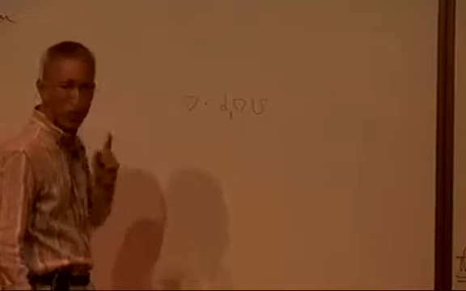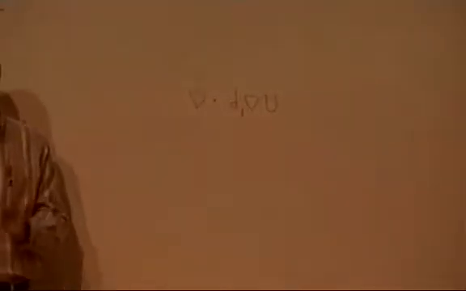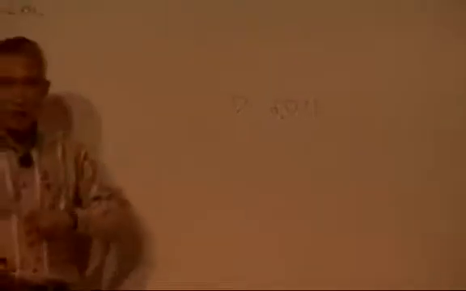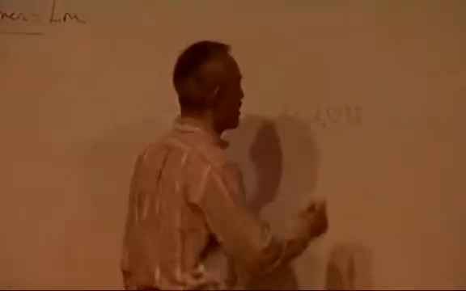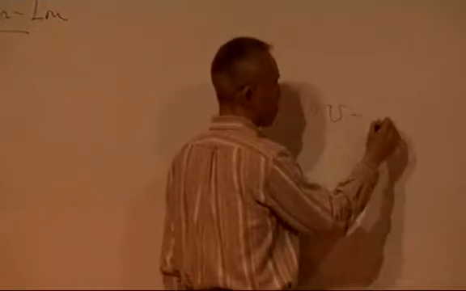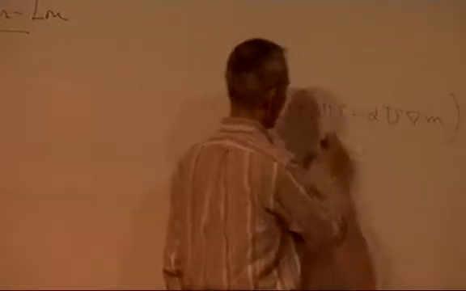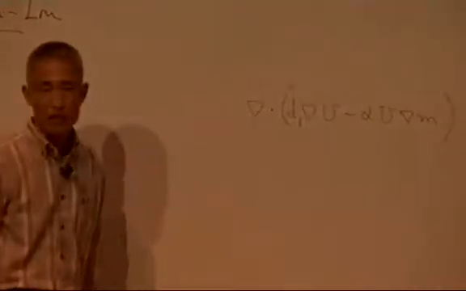If you're smarter and can detect where M is larger and move toward M, then the first equation gets changed to this one minus alpha U gradient M. The extra term comes in.